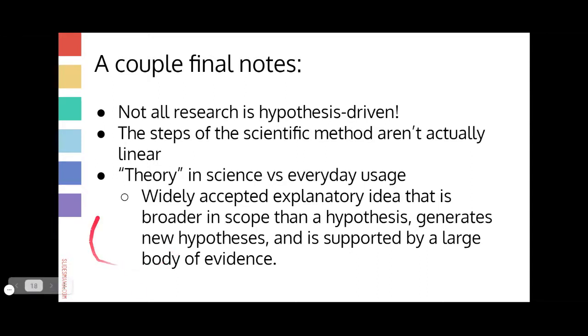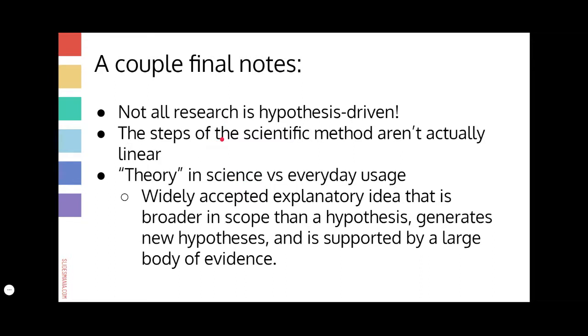And I mentioned this at the very beginning, but the steps of the scientific method aren't actually linear. A lot of times they're circular, and maybe you'll design an experiment, but then you go to actually do it and it doesn't work. So you have to go back and sort of refine that methodology. So we can think of the scientific method as being a lot more circular, actually, than linear.